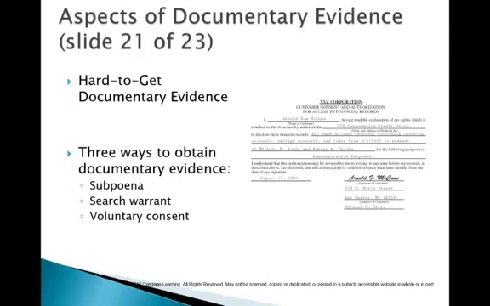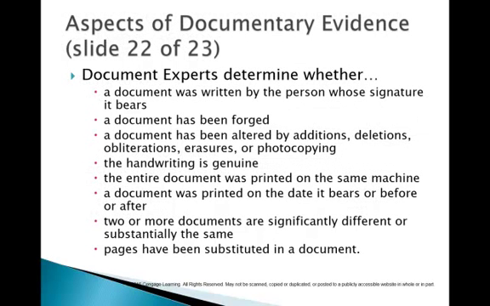Even if somebody did something wrong, they may actually give us voluntary consent to hopefully throw us off the track. They feel like they're cooperating. So the first thing we do is just ask them if they'll give us that consent. There's an example here on the slide of what a consent authorization might look like. But absent them giving us their consent, then we have to go to law enforcement and get a search warrant or a subpoena to get the private documents.